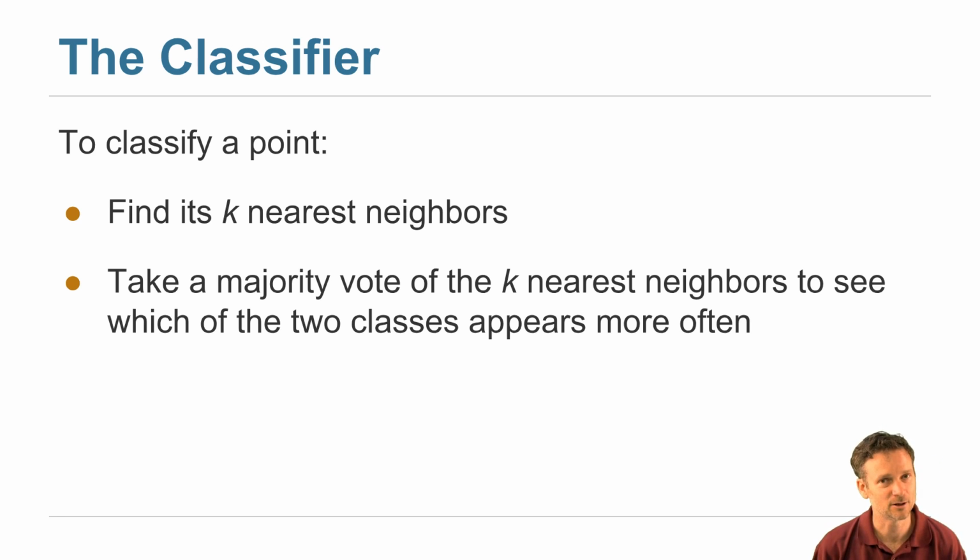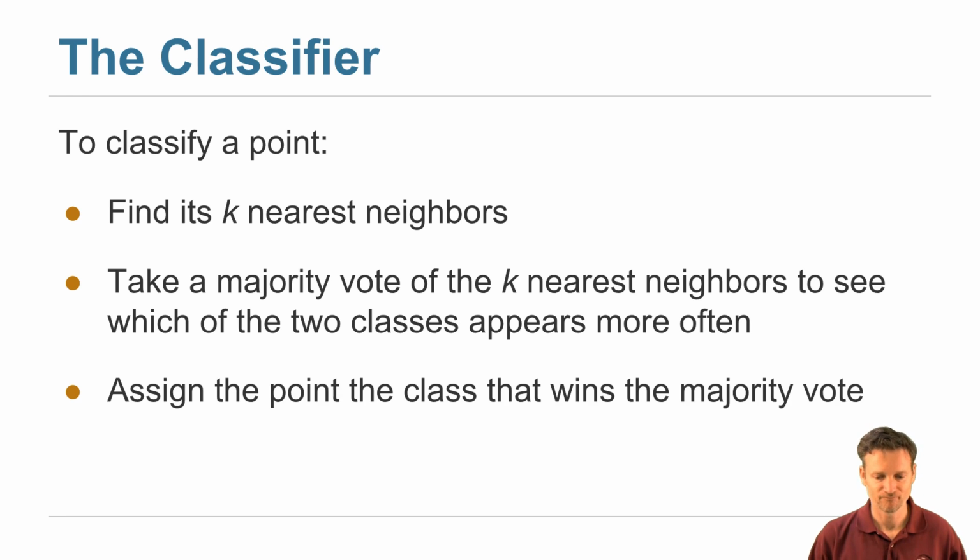We know the diagnosis of all the historical patients in the training set. And we take a majority vote among those classes. We look at which class was most common. And that class is our prediction for what we think this new point should be classified as.